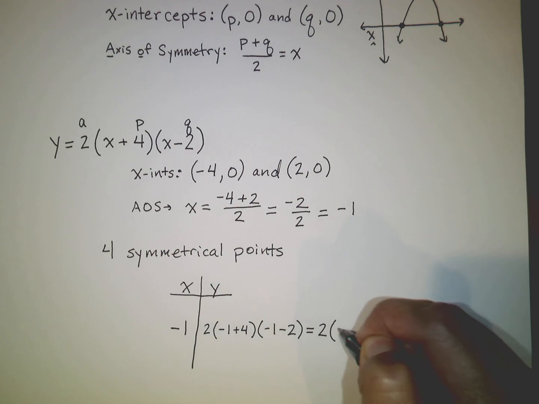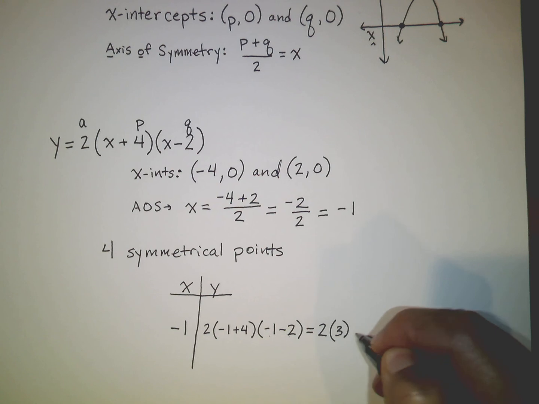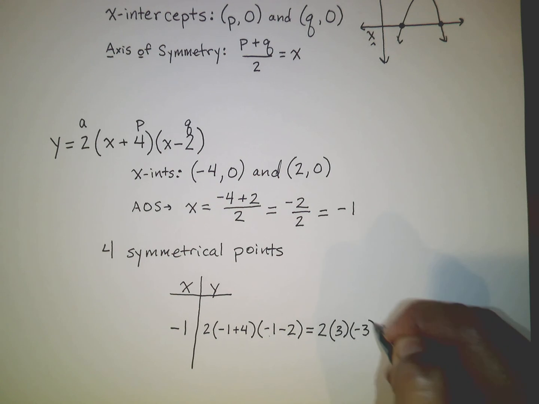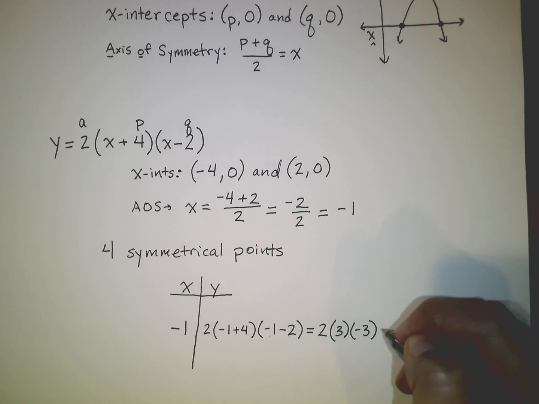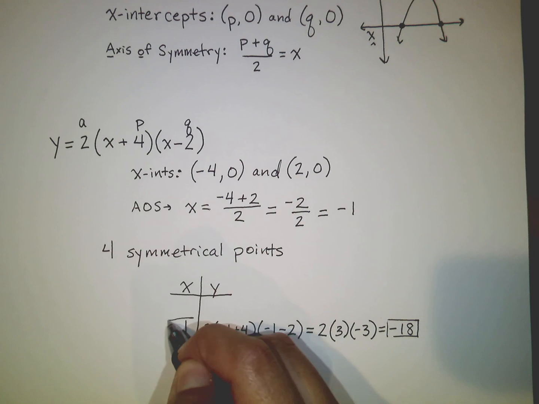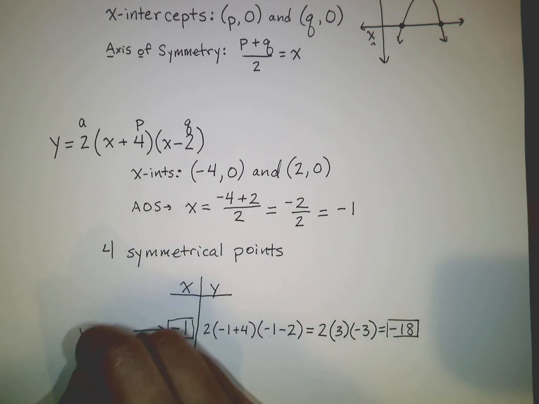Negative 1 plus 4 is 3. Negative 1 minus 2 is going to be a negative 3. 2 times 3 is 6, times negative 3 is negative 18. Okay, so that's my y value, my x value, and I'm going to be sure to label that as my vertex.